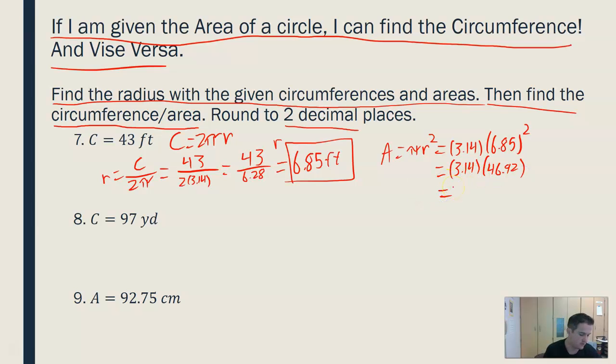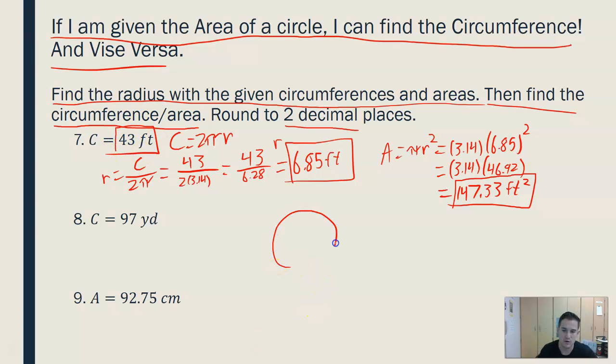And 3.14 times 46.92 is 147.33 feet squared. So a circle that has a circumference of 43 feet, all the way around the circle, is going to have an area of 147.33 feet squared.